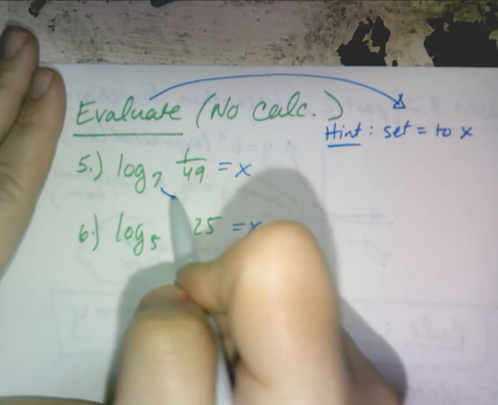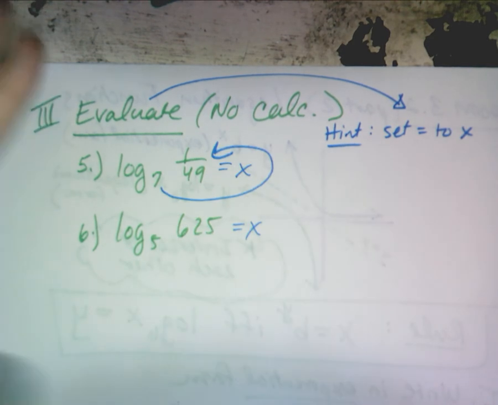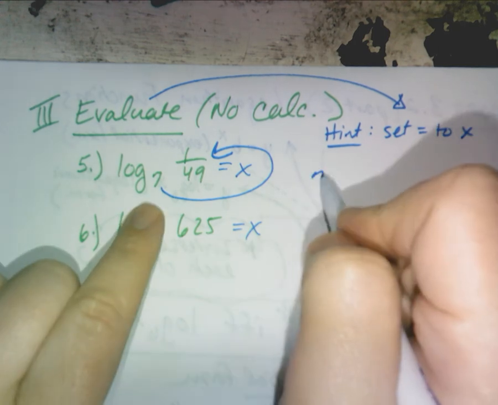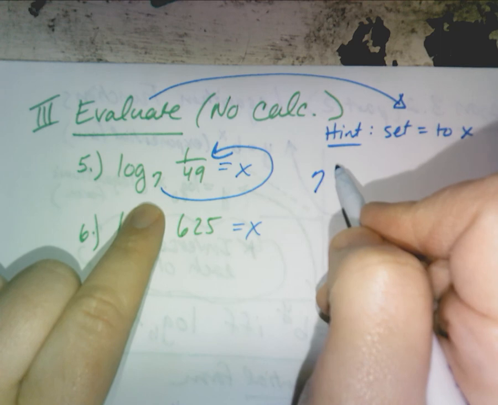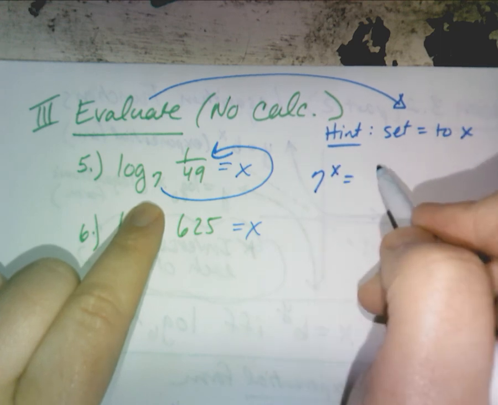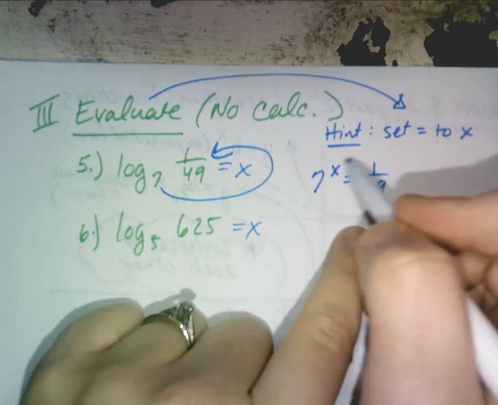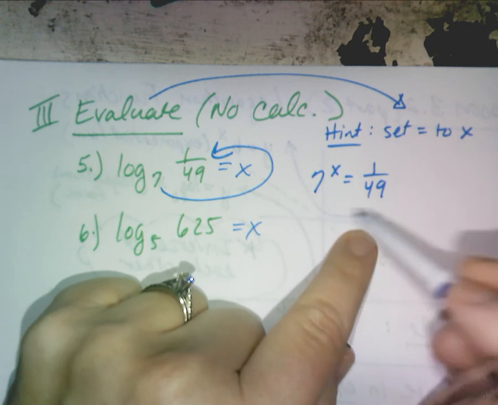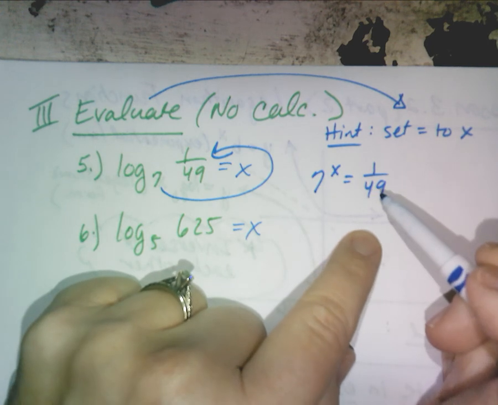Thank you, Gunner. Zoop. Because logs can be written as exponentials, which you worked on yesterday. This is really 7 to the what power equals 1 over 49. And that's what you did all of yesterday's worksheet. You did 24 problems of them.